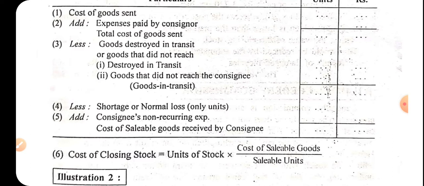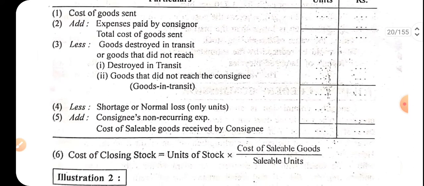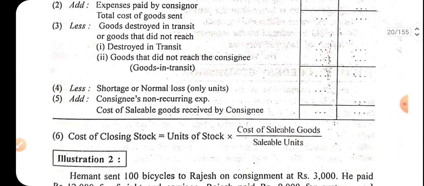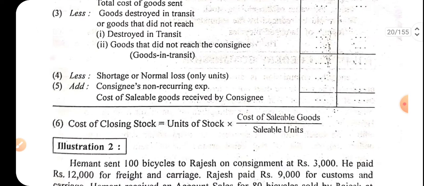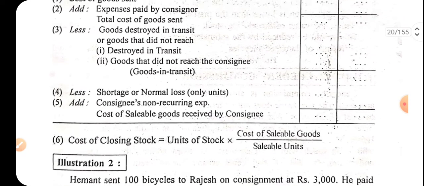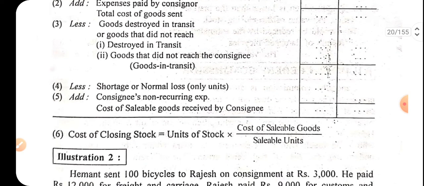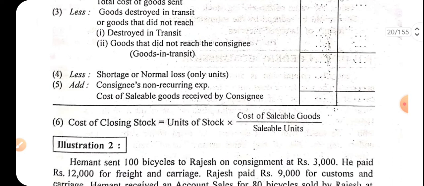It means normal wastage may be there, abnormal wastage is also there. That means goods destroyed in transit, goods that did not reach the consignee, are also part of goods destroyed in transit, minus shortage, normal loss in units only, which also needs to be deducted.